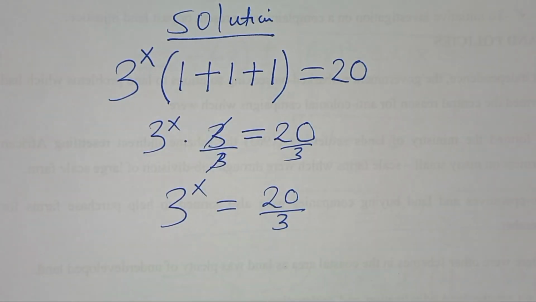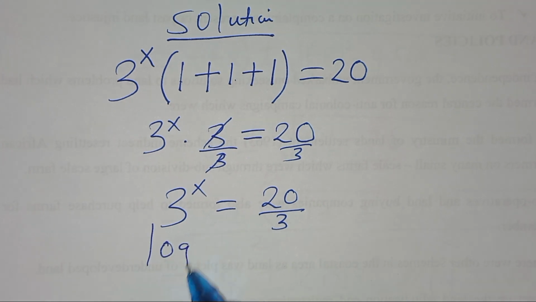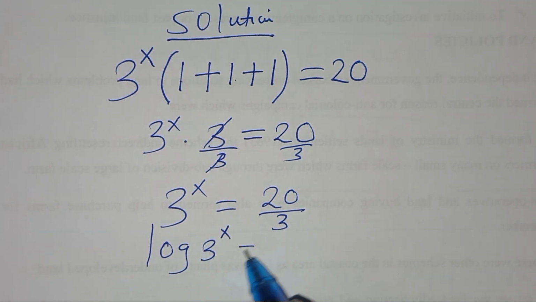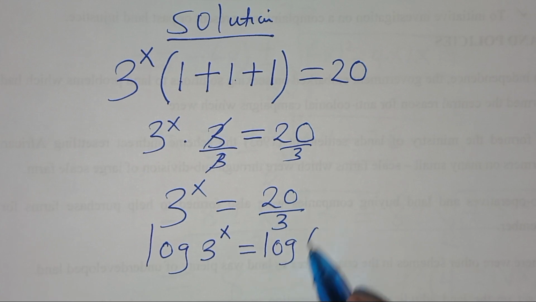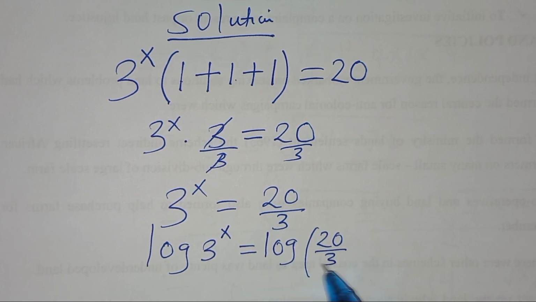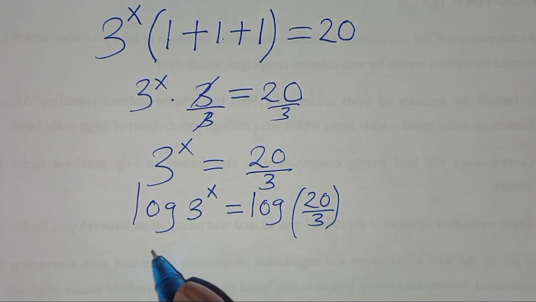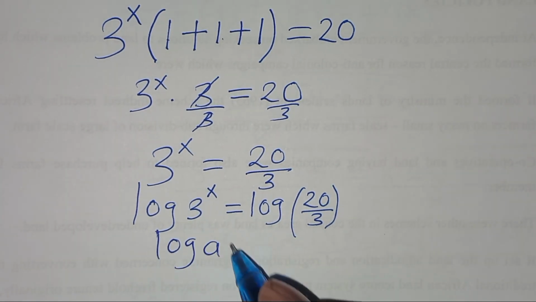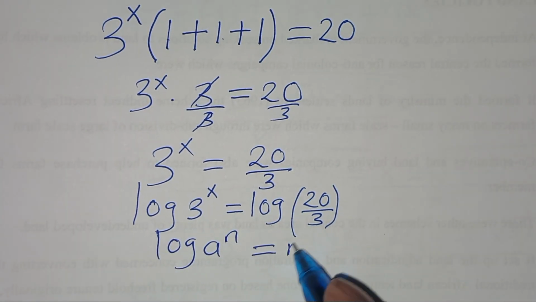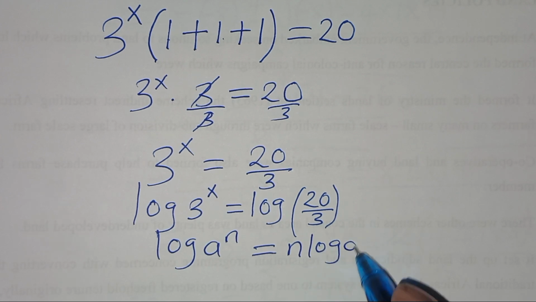The next step from here is to introduce logarithm on both sides. So we'll have log 3 to the power x. This is equal to log 20 divided by 3. So that now log 3 to the power x, this is in the form of log a to the power n, which we can express as n log a.